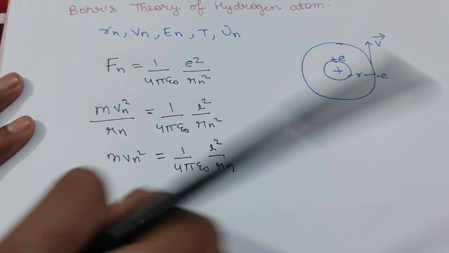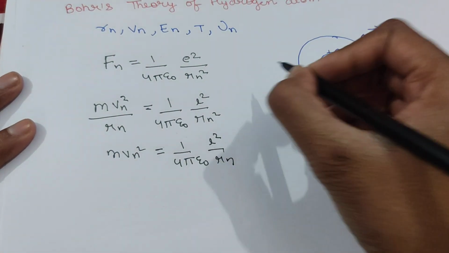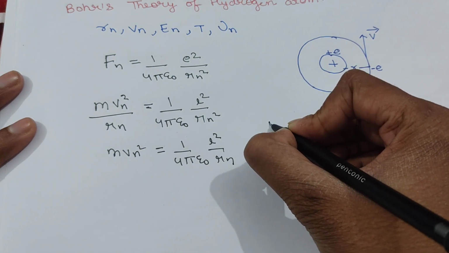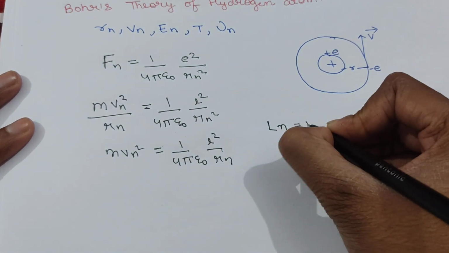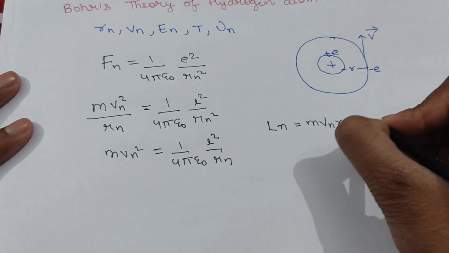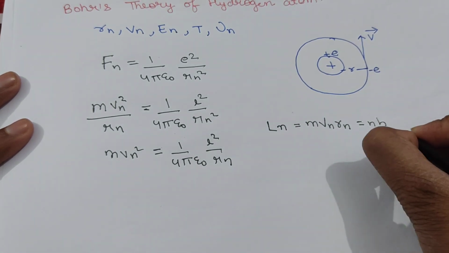Also we know that the angular momentum is mvn rn, for n equal to n, is nh by 2 pi.